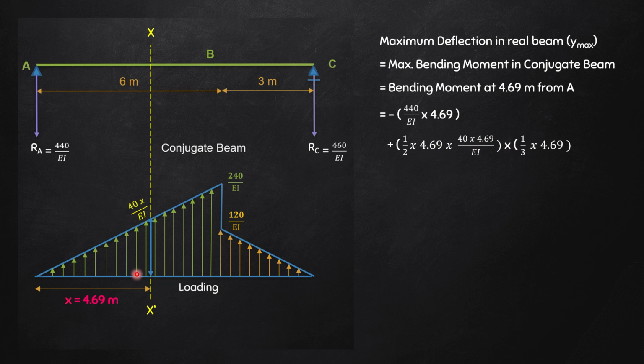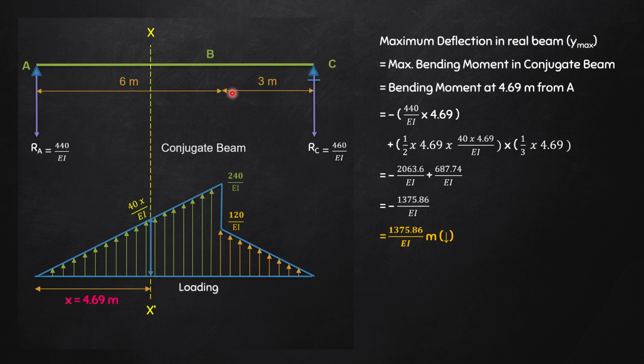The CG will be at a distance 1/3 of 4.69. If you simplify this, you will get minus 1375.86 divided by EI, and since it is minus, the deflection at this point is going to be in the downward direction.